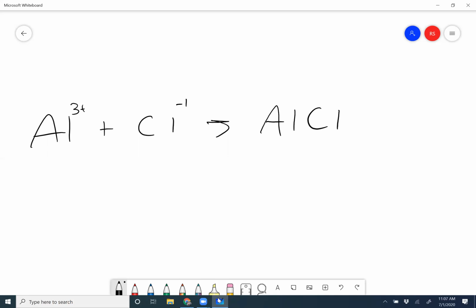And the easiest way to do that is just to take the charge here and put it down there. That's why it's called the crisscross method. And take the charge here and put it down there. So that means we should have 3 chlorines, because +3 plus 3 times -1 is equal to 0.